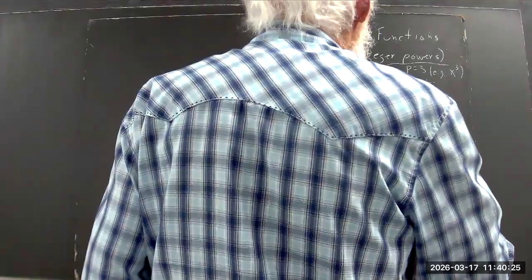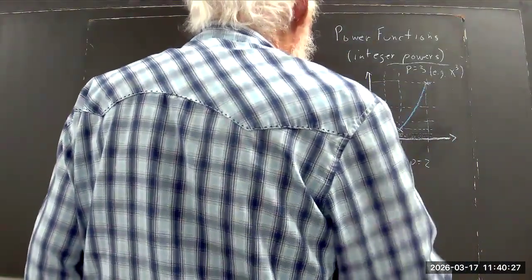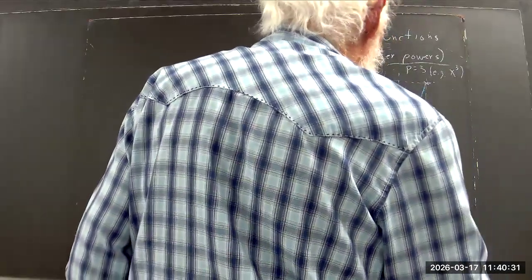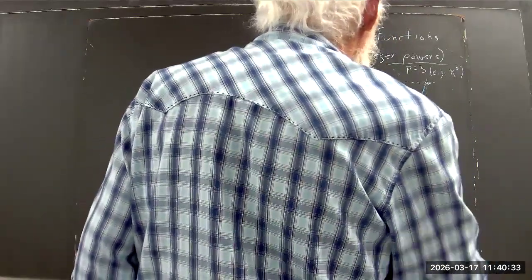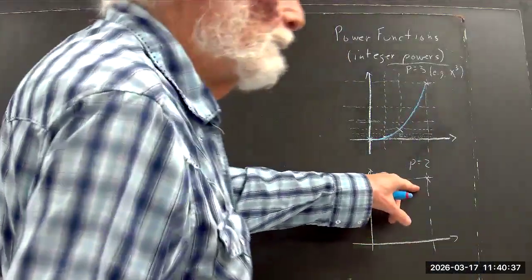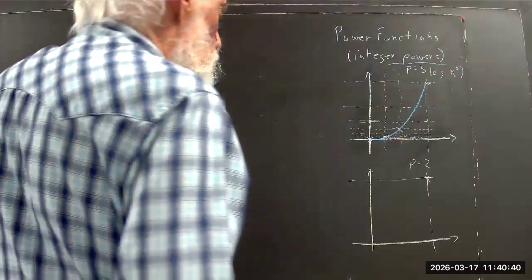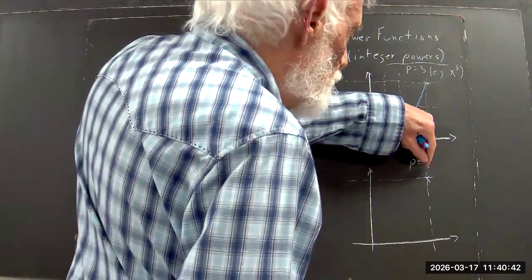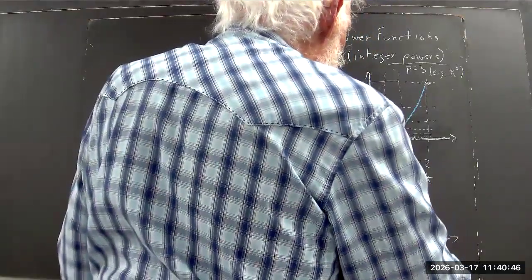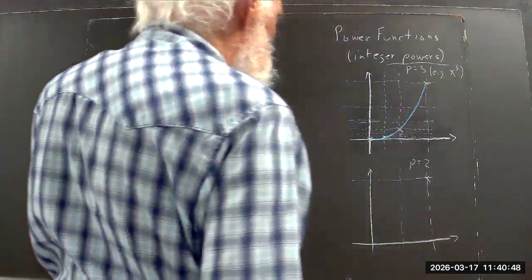Well, if I want to do p equals 2, I can make a very similar construction, drawing my horizontal and vertical lines and putting a point where they meet. Then from the vertical line I just constructed, I go halfway to the y-axis.